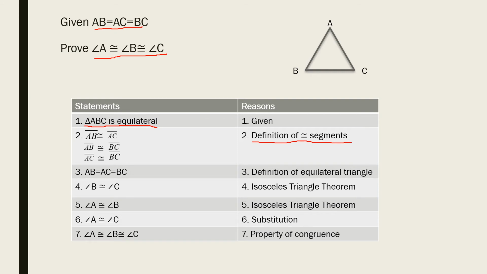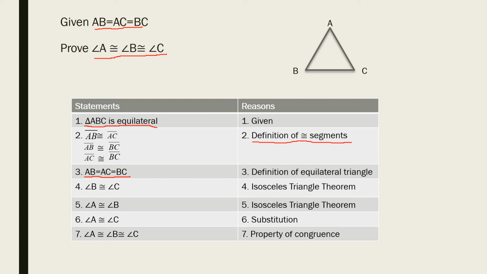Now, if all these have the same length, then they would also be congruent. Let's state that AB is equal to AC, also equal to BC, and this is by definition of equilateral triangle. So if all of the sides are congruent, then triangle ABC would be an equilateral triangle.